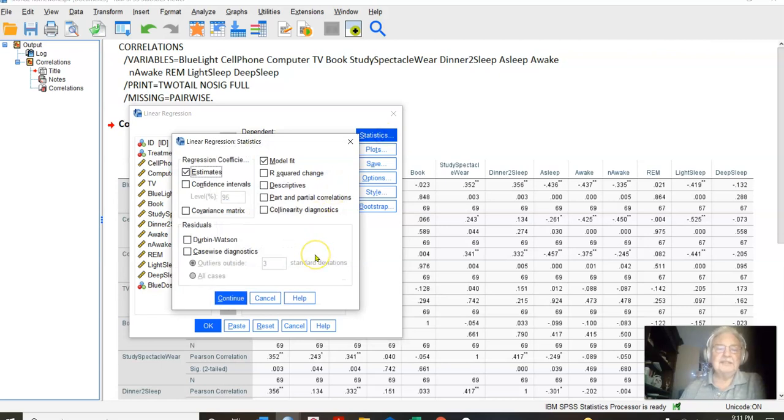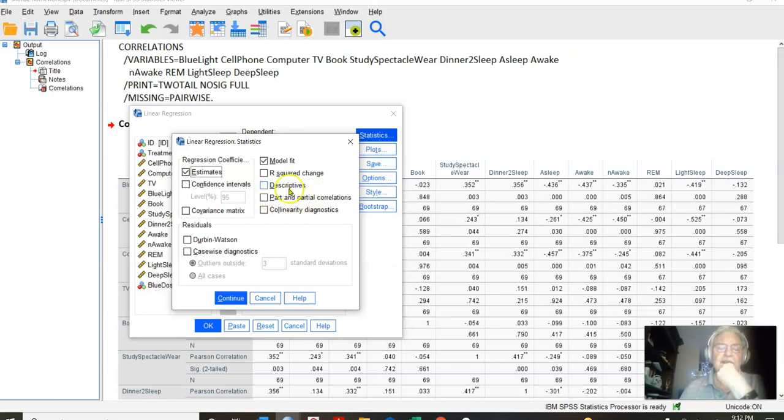So some of the statistics that we want to look at. Well, we want to get the estimates of the regression coefficients. We want to know how well the model fits. We could do R-squared change if we were going to do a stepwise, but we're going to put all our variables in at once rather than one at a time.